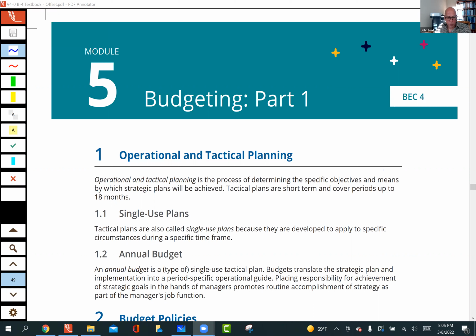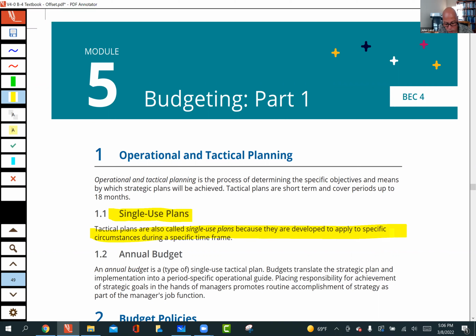Now, we talked about capital budgeting in another chapter, and what we're going to be talking about tonight is more the operating budget. Operating budget tends to cover a year's period of time, a 12-month period. Just some terminology here.